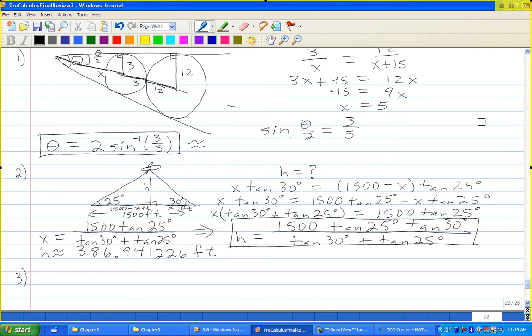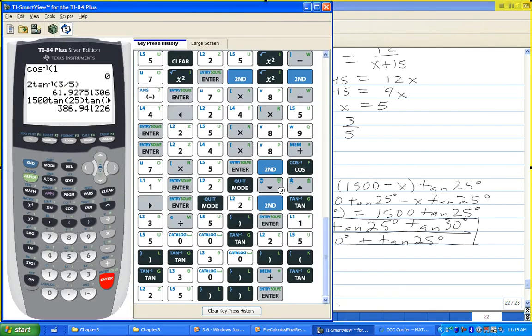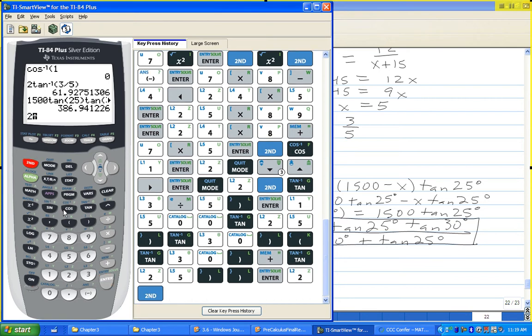And so let's do this. So it's the sine, so it's completely wrong, 2 arcsine of 3/5.